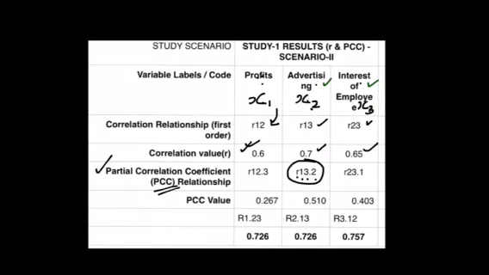In other words, when we say that we are trying to understand the partial correlation coefficient, we are actually trying to understand the relationship between the variables 1 and 3, while partialing 2 out.